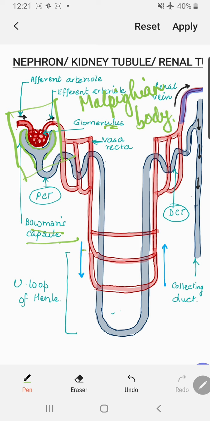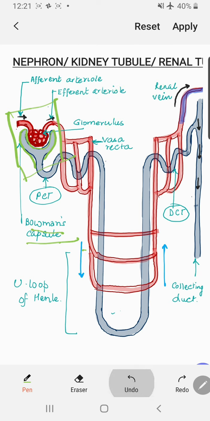Children, please understand that this word is very, very important. Malpighian body or Malpighian capsule. This is only that much of structure which is composed of the glomerulus and the Bowman's capsule. But if only this much of structure is not given, and the whole structure is given the way I have drawn on screen, then you will not write Malpighian capsule, you will write nephron, right?